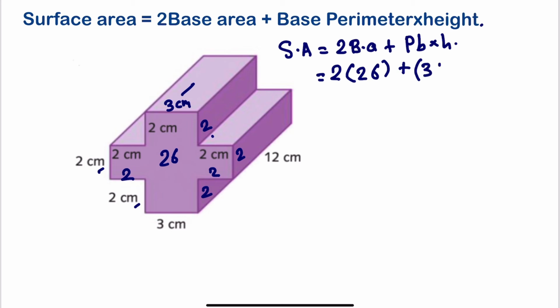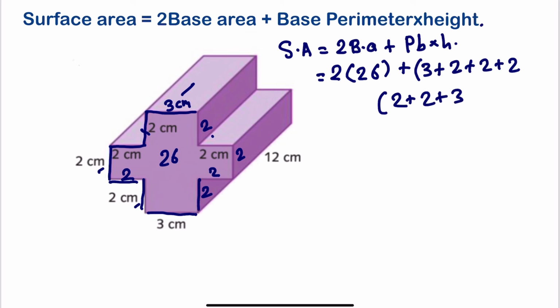So we have 3 plus 3 plus 2 plus this 2, because you have to be careful, you can draw a line. 3 plus 2 plus this 2 plus this 2 plus this other 2 plus this 2 plus 3 plus 2 plus 2 plus 2 plus 2 plus 2.